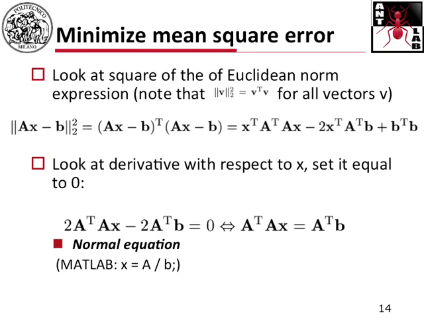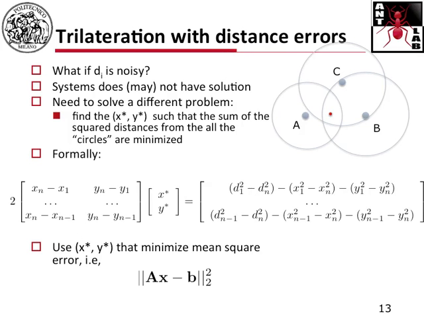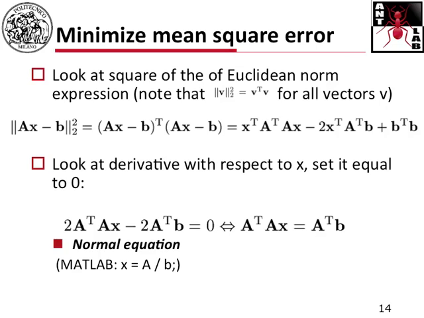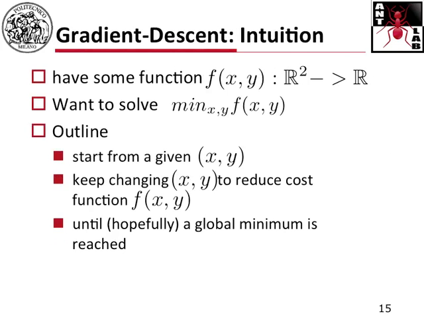Okay, so this is one way of solving these kinds of problems. There is actually another very famous and widely used way to get the same solution, to solve for the minimum of this cost function, which is using some kind of learning algorithm, like gradient descent.